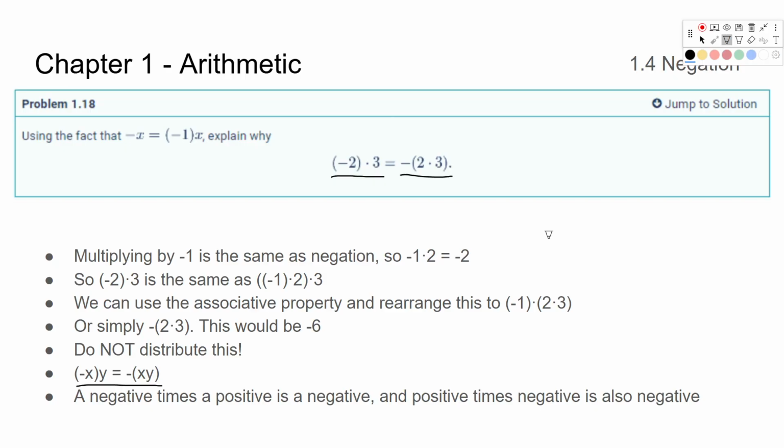And we'll see a little bit later that a negative times a negative is actually a positive. And of course, we know that a positive times a positive is always a positive. 2 times 3, for example, is going to be +6. But this is just a rough proof to show why a negative times a positive will always be a negative.